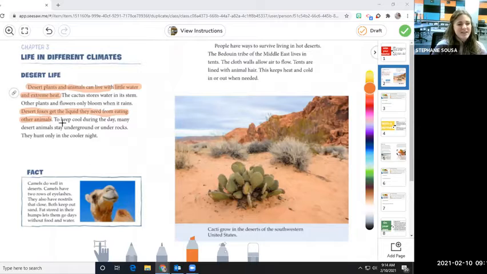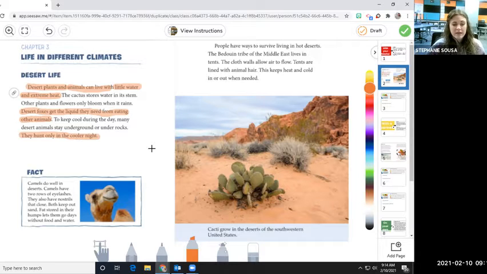All right. To keep cool during the day, many desert animals stay underground or under rocks. They only hunt in the cooler night. So they have to hunt when the temperature is cooler or is less hot.